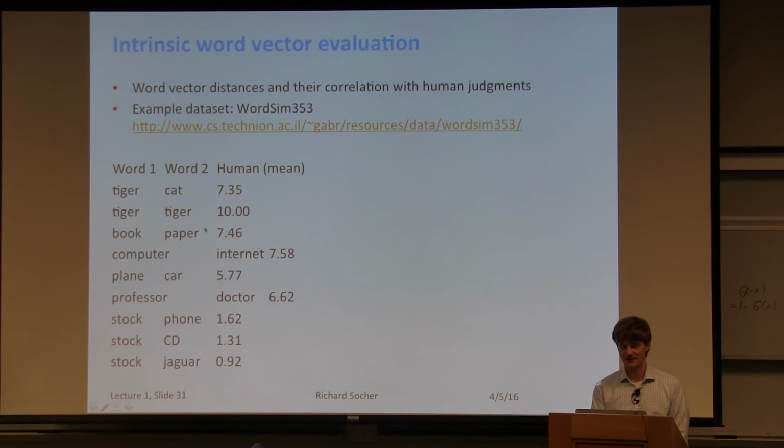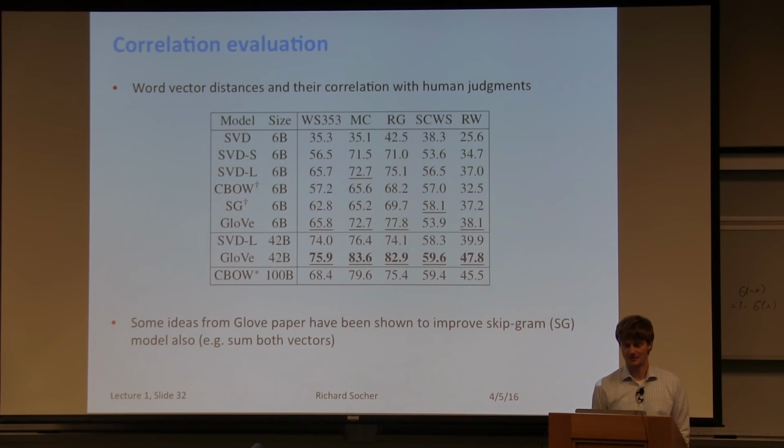Here's basically a random sample. So professor and doctor is 6 out of 10 on similarity according to a couple of human judges, but stock and CD is only 1.3. And now you can also look at correlations between these different vector distances and the human judgments. And you want to have high correlation.